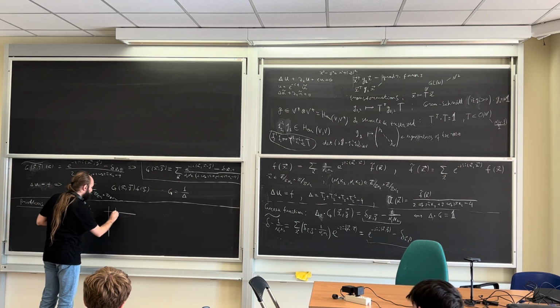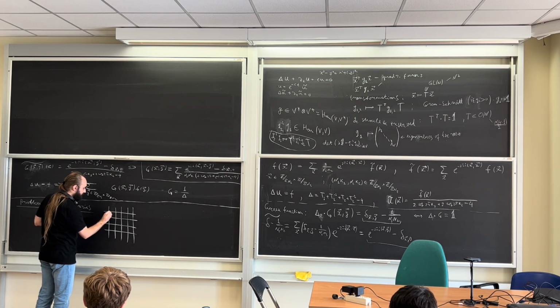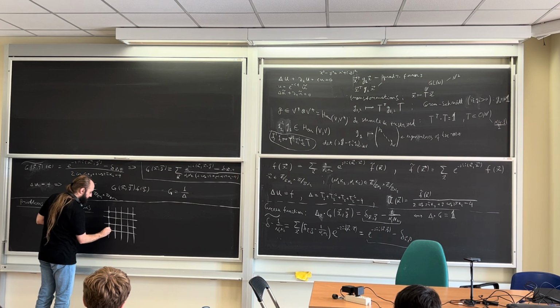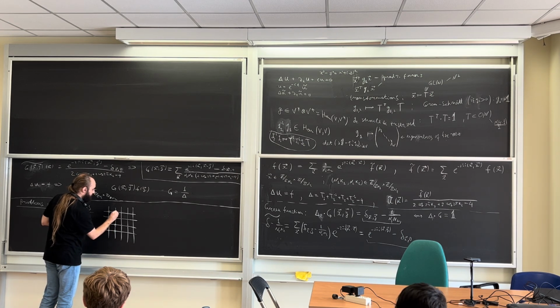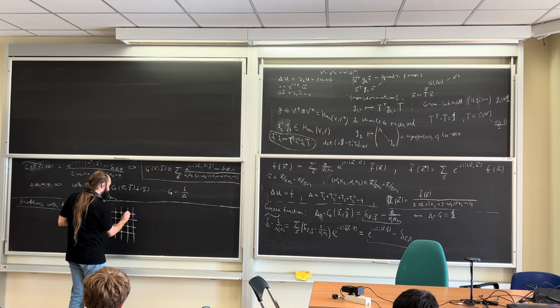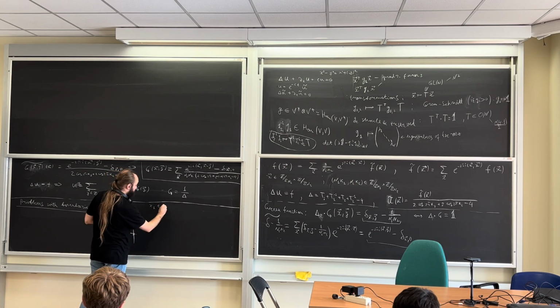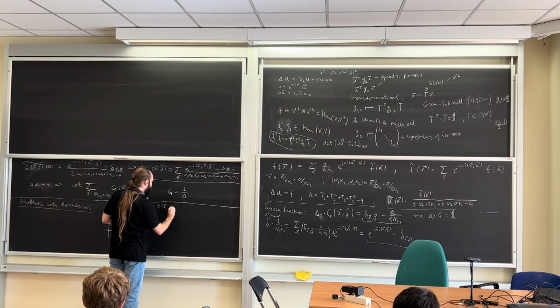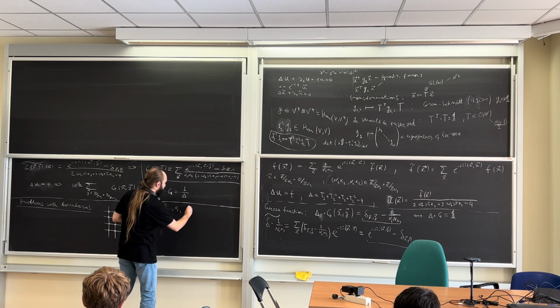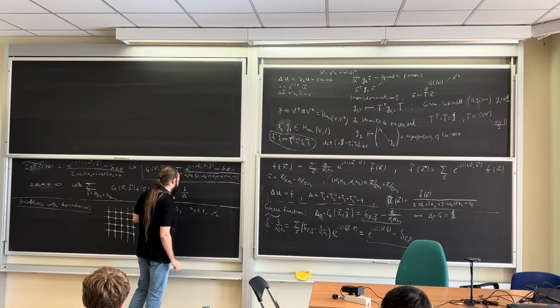So now we put this lattice not on a torus, but just on a plane, and again consider some x1 from 1 to n1, x2 from 1 to n2.